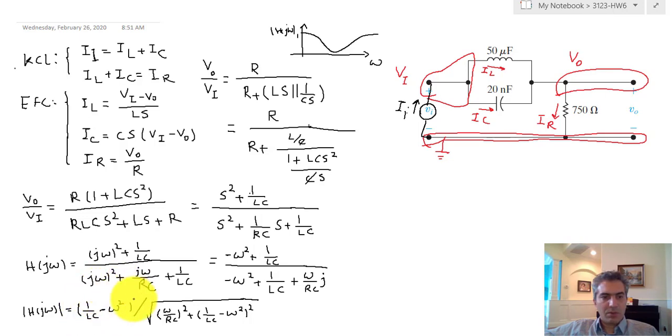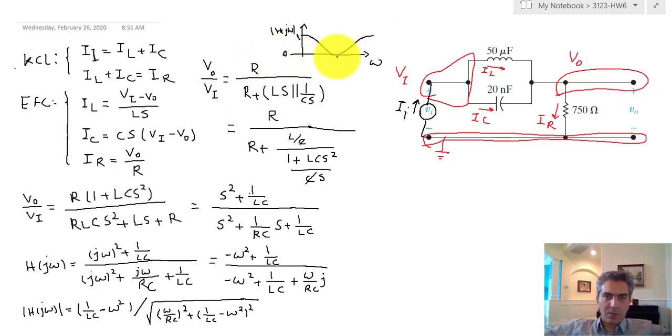This term in the numerator is going to become 0, and therefore this is going to go all the way down to 0. So I'm going to redo it: starts from 1, goes down to 0, and then goes back up again to 1.